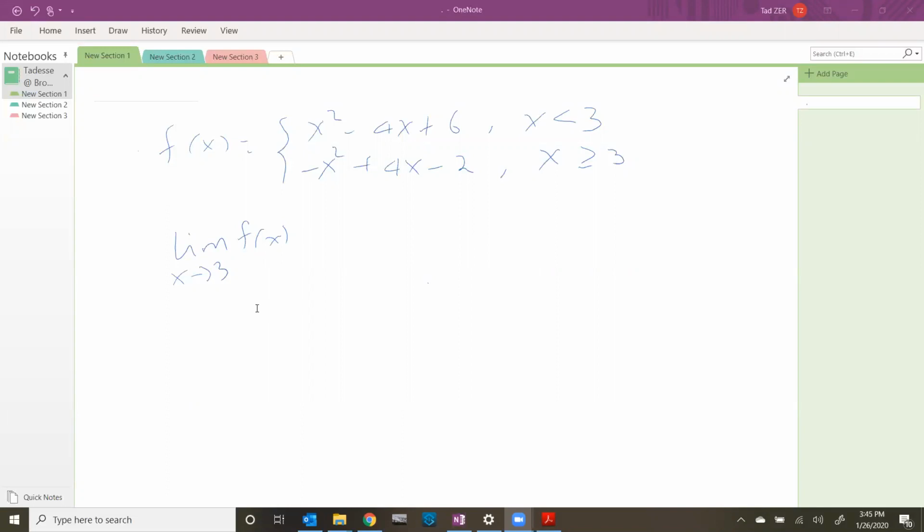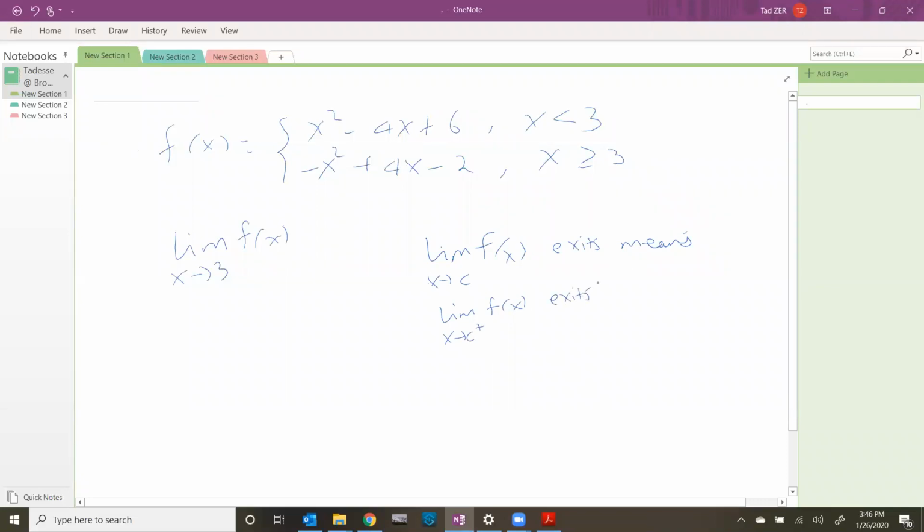The limit of f of x as x approaches c exists means, first, the one-sided limit of f of x as x approaches c from the right must exist.